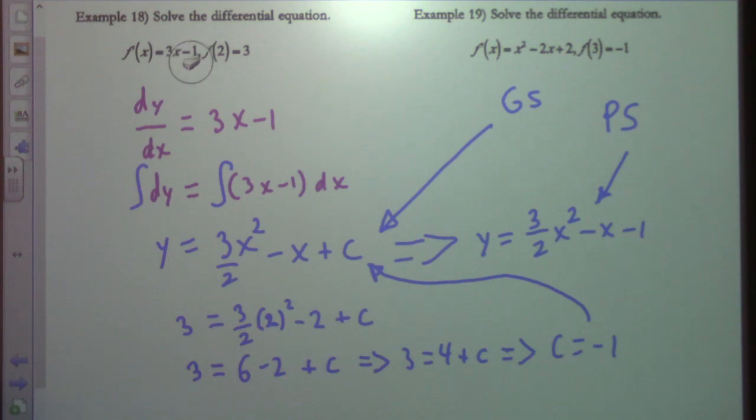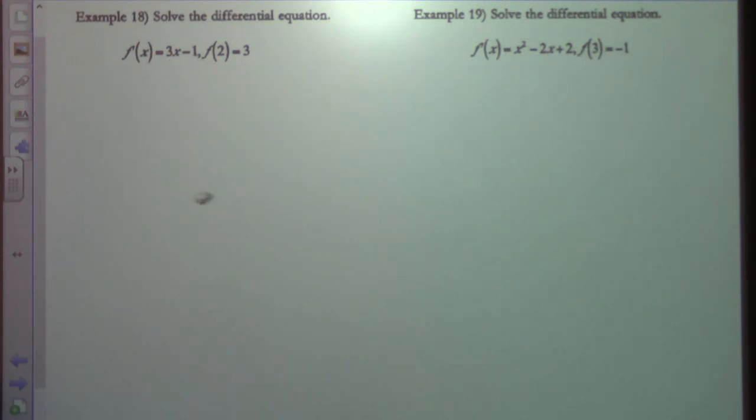Okay, I'm going to erase this to make room, all right? So here we have, I'm going to rewrite this, dy/dx equals x squared minus 2x plus 2.